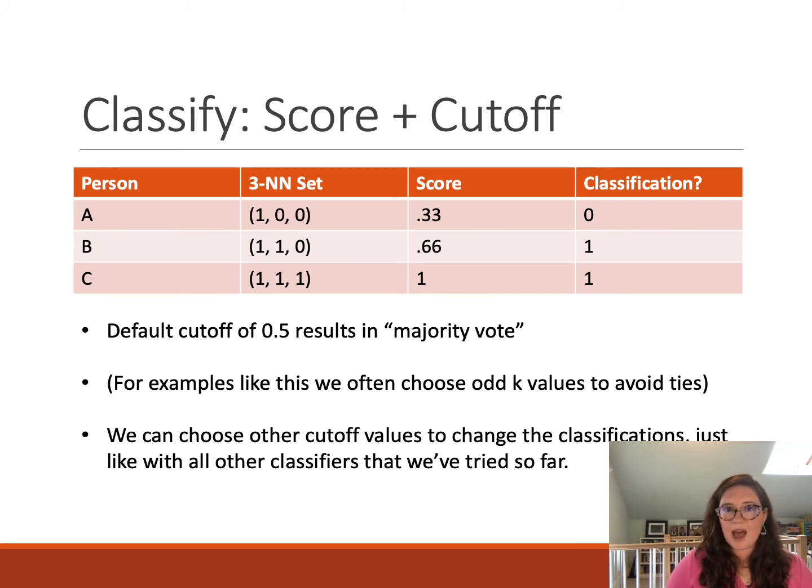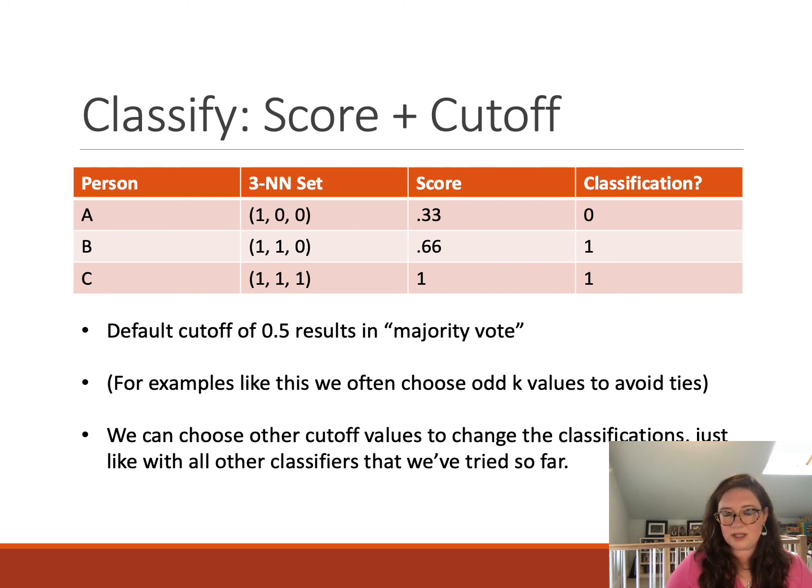Once we have these estimated probabilities based on their set of 3 neighbors, we turn that into a score by getting the average vote. Then we can use a cutoff to do classification, just like we've done with all other methods in this class. The default cutoff of 0.5 is equivalent to taking the majority vote of the nearest neighbors.